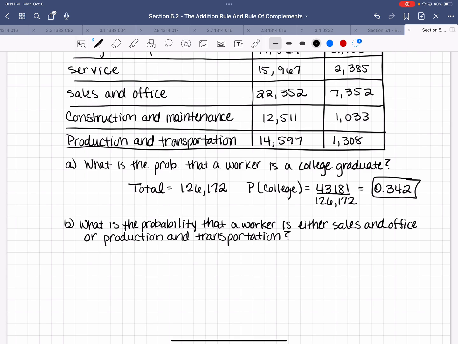Okay? Total still the same, guys. It is still 126,172. This time we're looking for the probability.